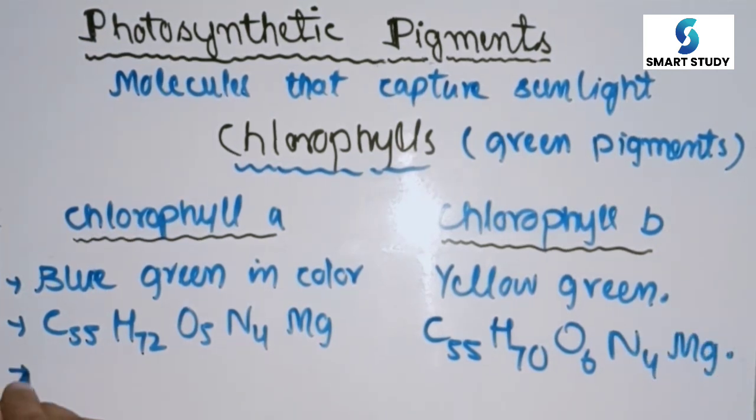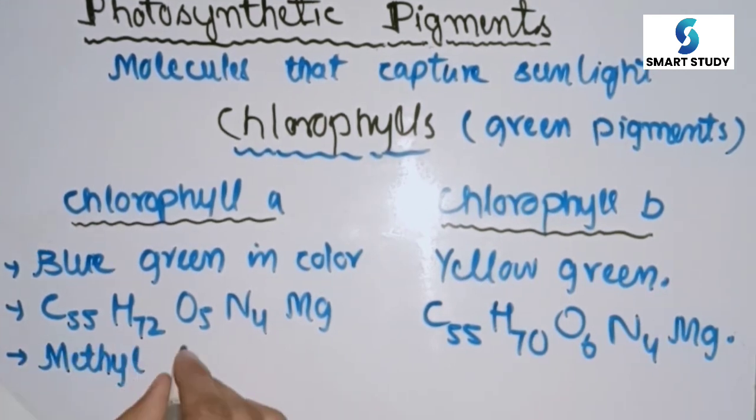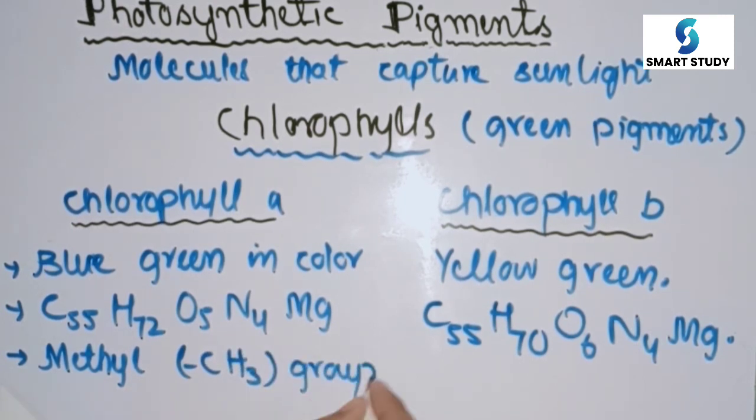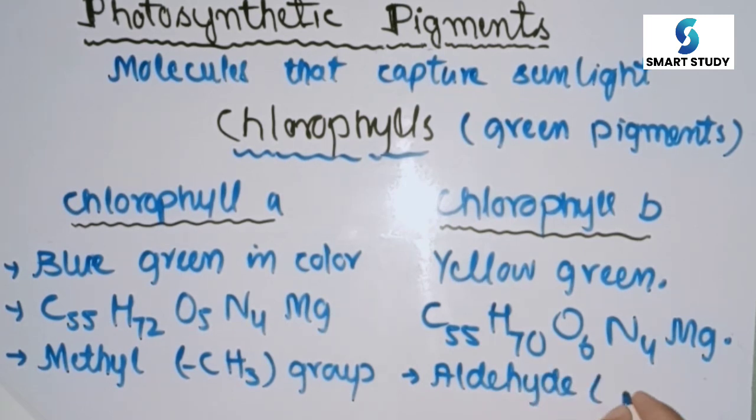Chlorophyll A contains a methyl group, whereas chlorophyll B contains an aldehyde group.